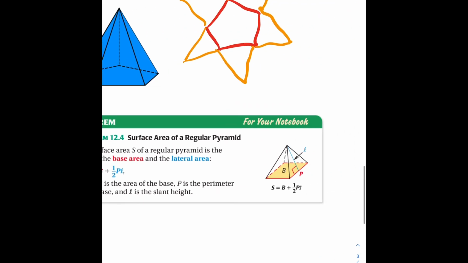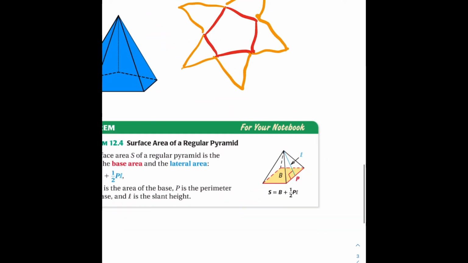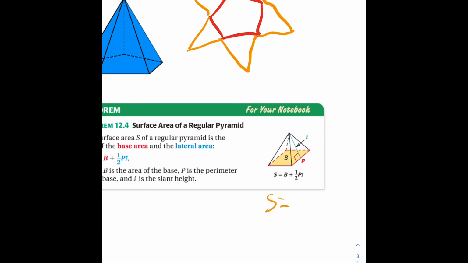So basically, I'm going to take the base of my figure, and then I can, again, multiply it by the perimeter, or the other way to think about it is, again, to find the area of one of the sides and multiply by 4. So again, area of one side. And then you multiply it times the number of sides.